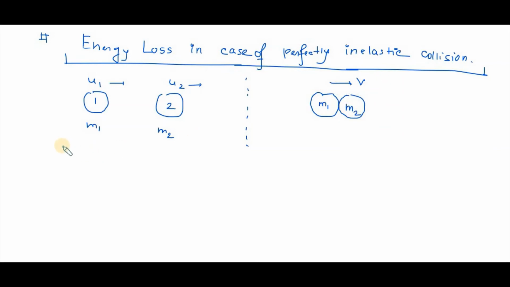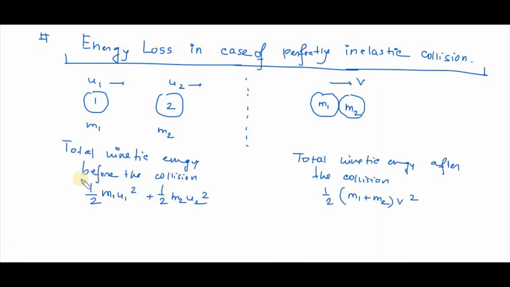So v is the combined velocity after the collision, and they are moving with the same velocity v. So we can determine the total kinetic energy before the collision and the total kinetic energy after the collision, and then take the difference, and that difference will represent the energy loss in case of perfectly inelastic collision. Total kinetic energy before the collision is half m1 u1 squared plus half m2 u2 squared, and the total kinetic energy after the collision is half (m1 plus m2), the combined mass of the system, times the velocity squared.